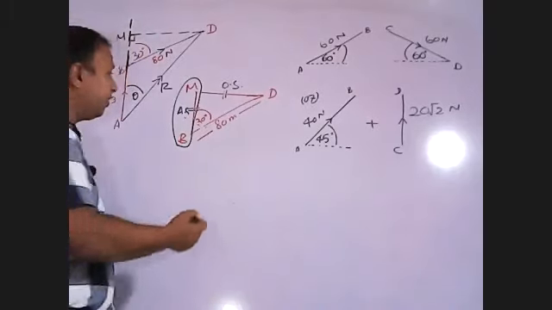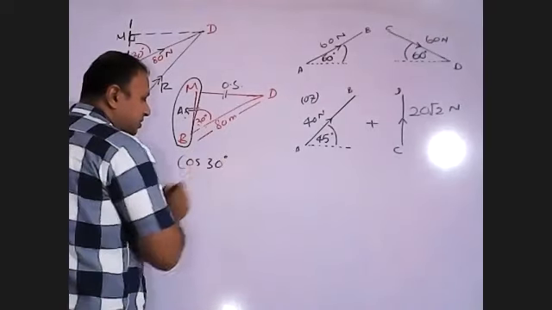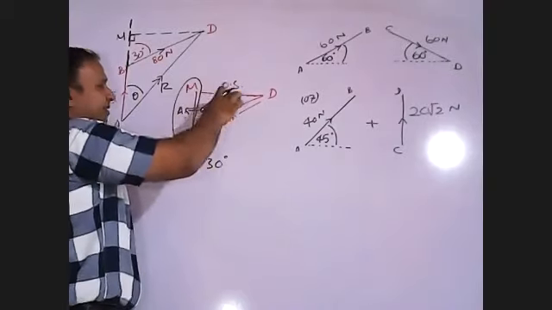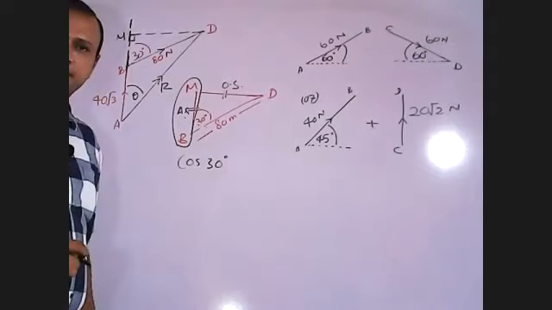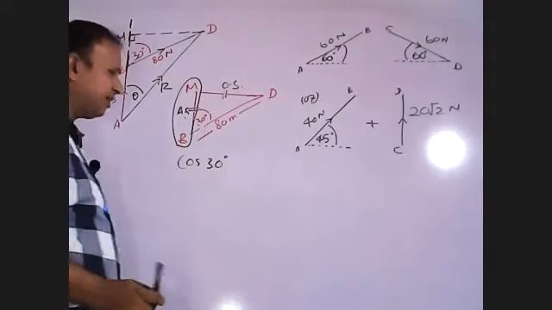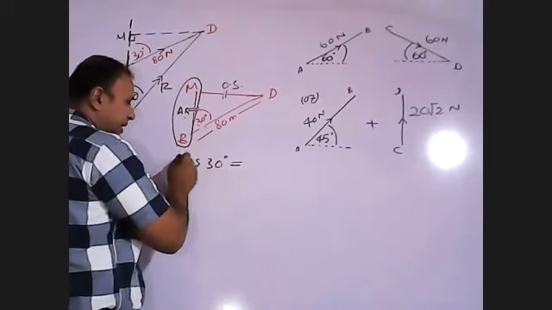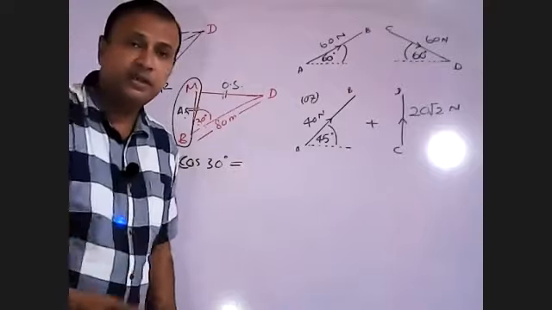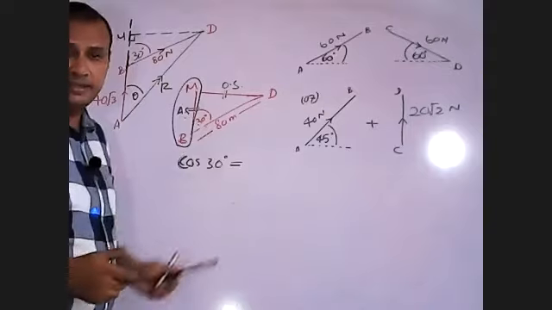Cos 30 combines the adjacent side, this angle and the hypotenuse. That is how I decide. That is the way of deciding the appropriate trigonometric ratio to find the length.